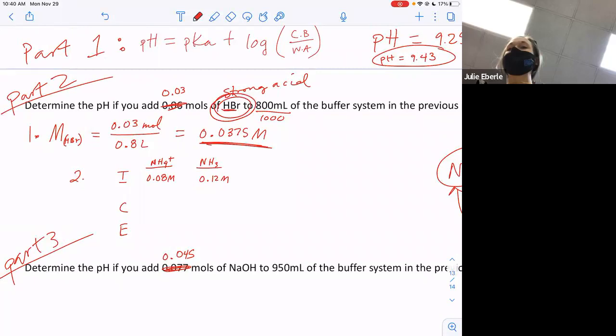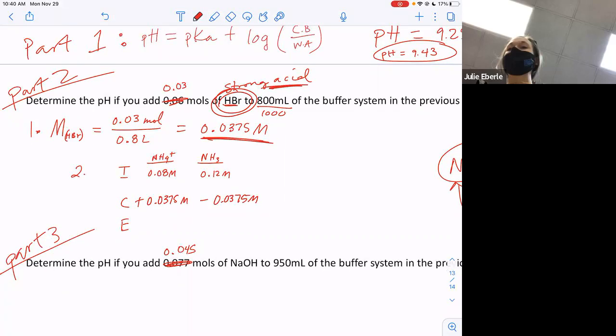HBr is an acid, which is why I wrote this out. When you add acid, you add to the weak acid column. Subtract from the other column. So add 0.0375, and we're going to subtract from this side.